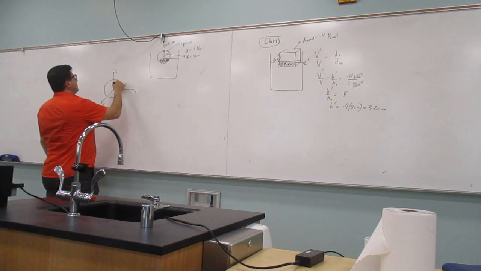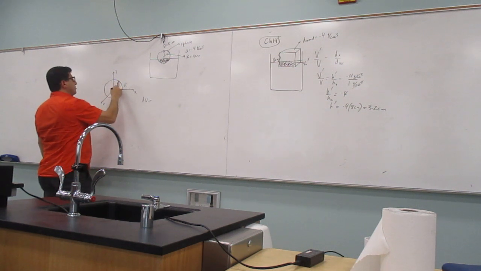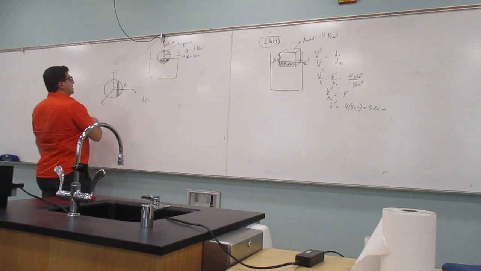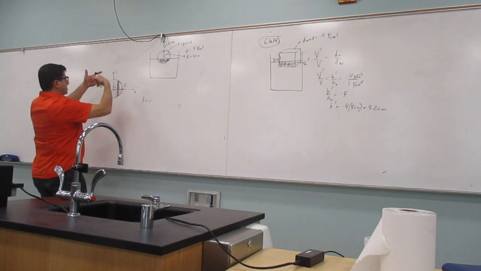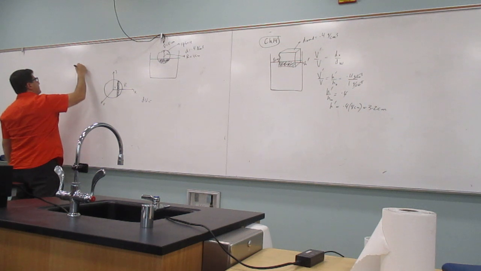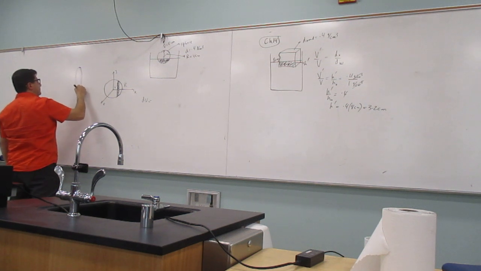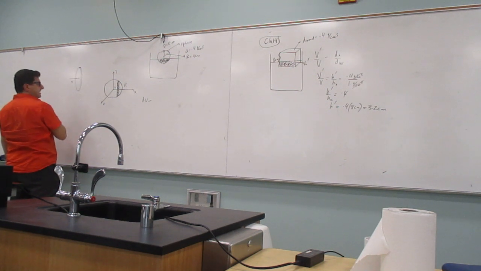So the volume of this thing is going to be dV. It's going to be the area of the surface times the thickness. If this is y and z, because it's a circle like this, the general distance from here to here is going to be x.